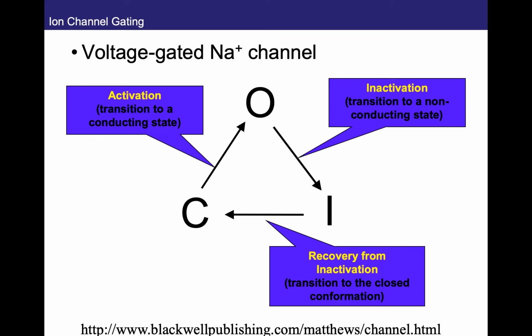C is the closed state. O is an open state, and I is called an inactivated state. So going back to conductance, the closed or the inactivated state are both non-conducting. Only the O, the open state, is conducting.